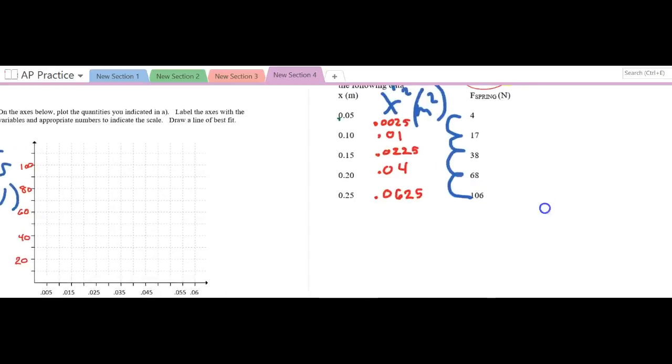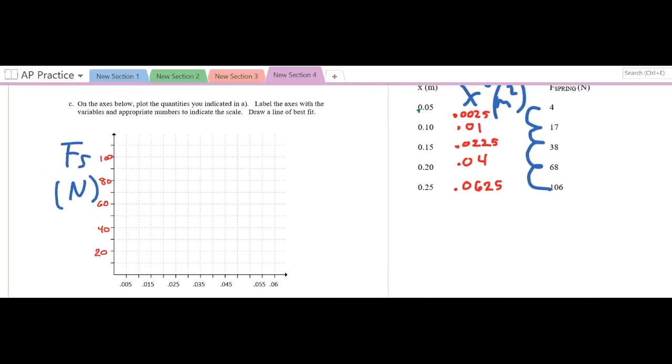So here I copied my data right here to help me see. My first one is 4. So this is 10, so somewhere here this would be 4. And 0.0025 is going to be halfway in between, so right about there. Let me clean that up just a tiny bit.